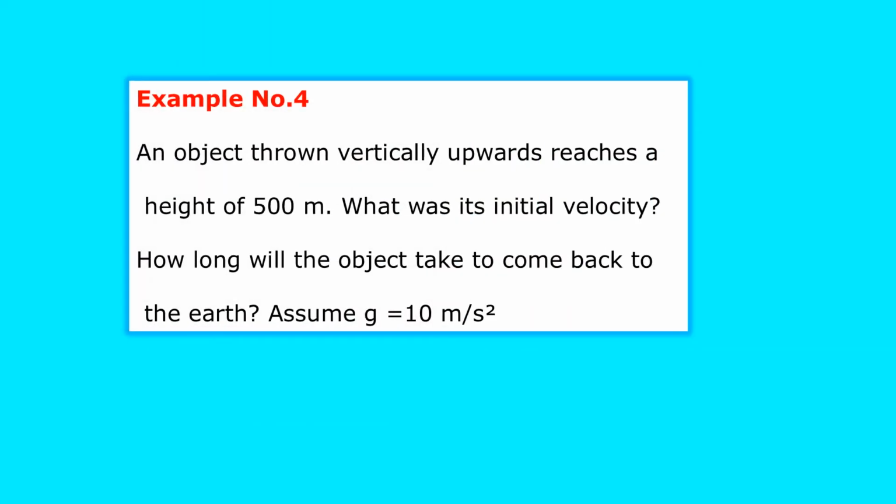Example number 4. An object thrown vertically upwards reaches a height of 500 meters. What was its initial velocity? How long will the object take to come back to the earth? Assume that g is equal to 10 meter per second square.